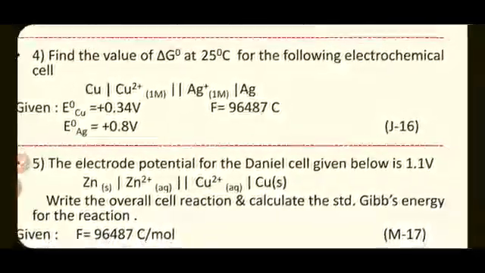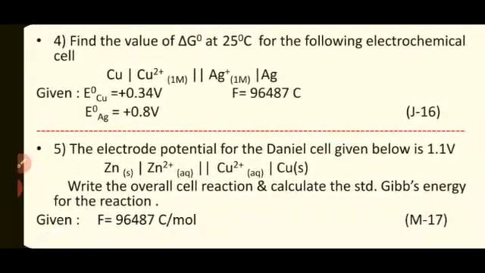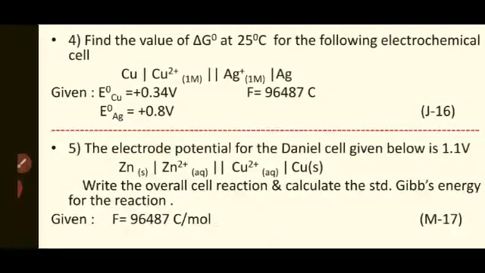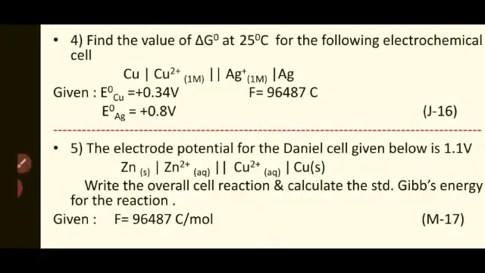Then the second one, find the value of delta G naught for the following electrochemical cell. Now in this electrochemical cell, you have to first write the equation and then solve the problem according to delta G naught is equal to minus nFE naught. Why do you have to write the reaction? Because you should know what is n, the number of electrons involved.